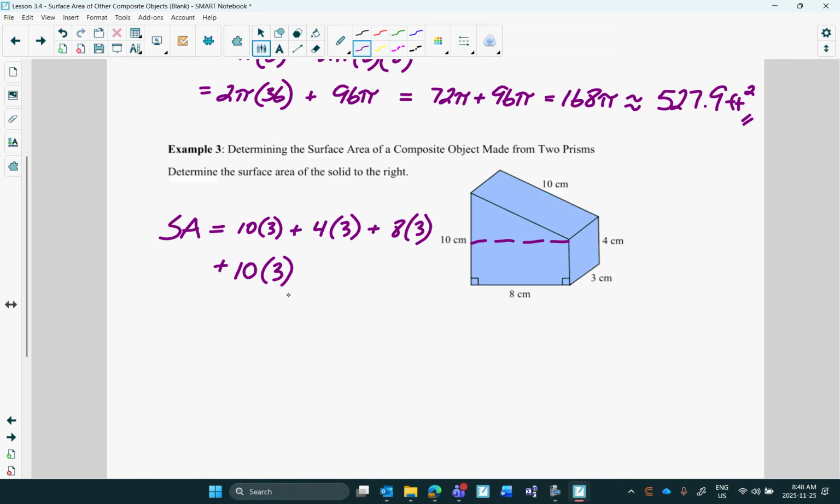How would you find the area of that? 4 times 8? That would get this section, wouldn't it? And the back section. So yeah, we could do 4 times 8 times 2 of them.